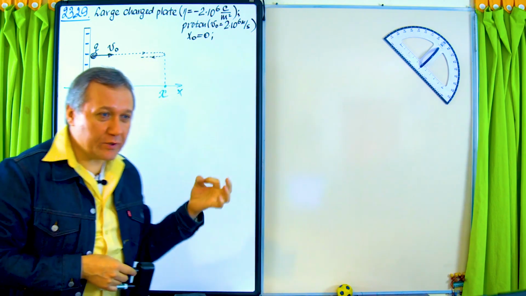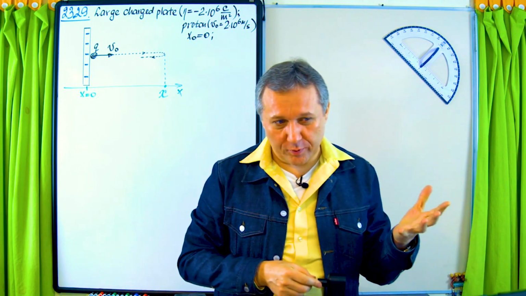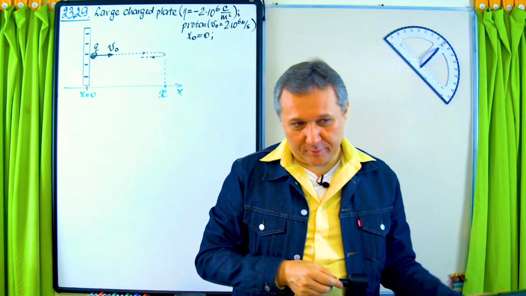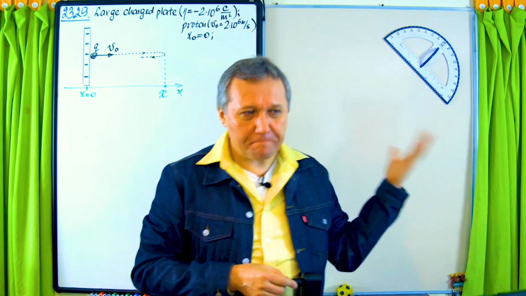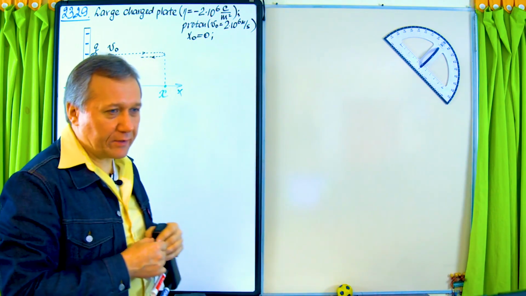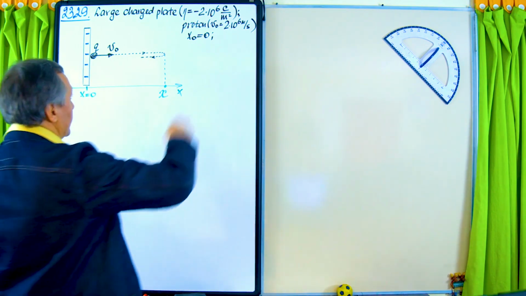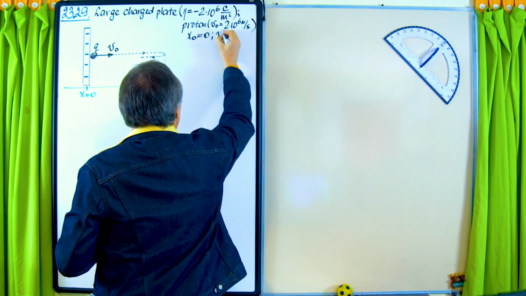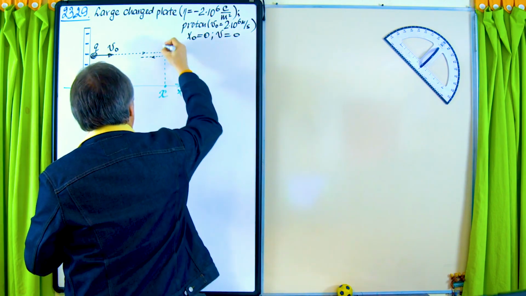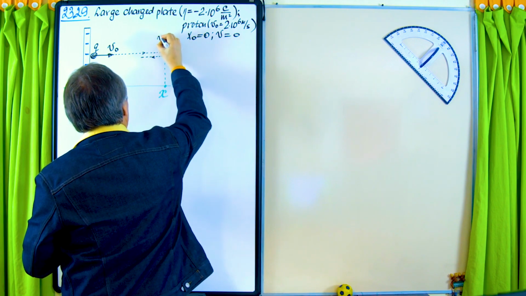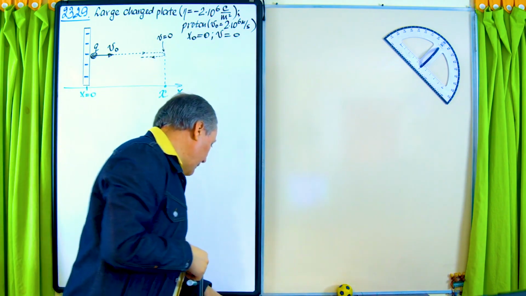It's a turning point, and from physics 1, you remember what happens with the velocity at the turning point. Velocity is 0. Of course, velocity changes its sign, but in this problem, it doesn't give us a significant amount of information. What we need to remember is that final velocity is 0. So I can write that v equals 0. Basically, at this point, I can show that over here, v equals 0. So there's two pieces of information.